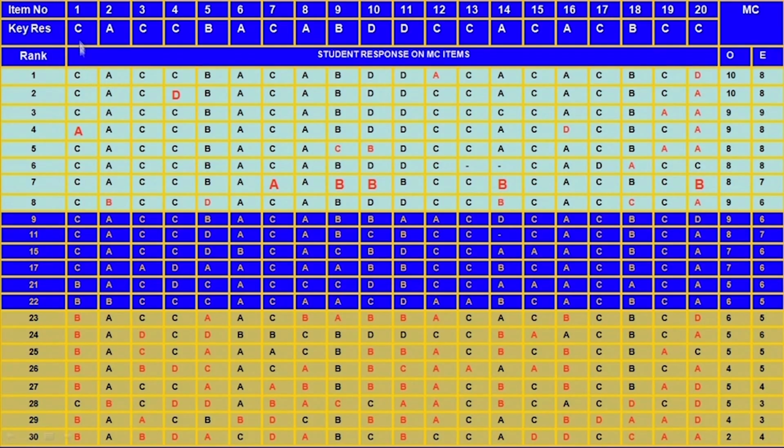C is the correct answer, he has answered C. A is the correct answer, he has answered A. C is the correct answer, he has answered C. And excepting for item number 20, where he has answered D rather than C, and item number 12, where the correct answer is C, he has answered A, all the rest he has answered correctly. So he has got 18 out of 20 correct.